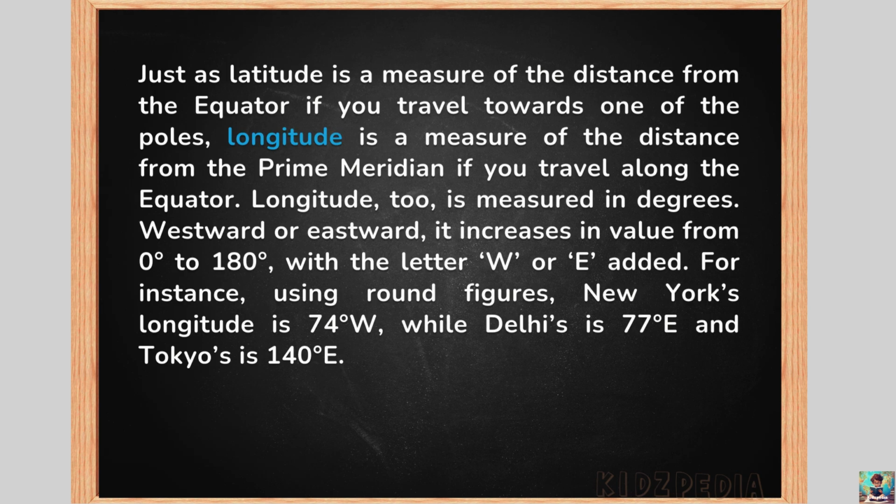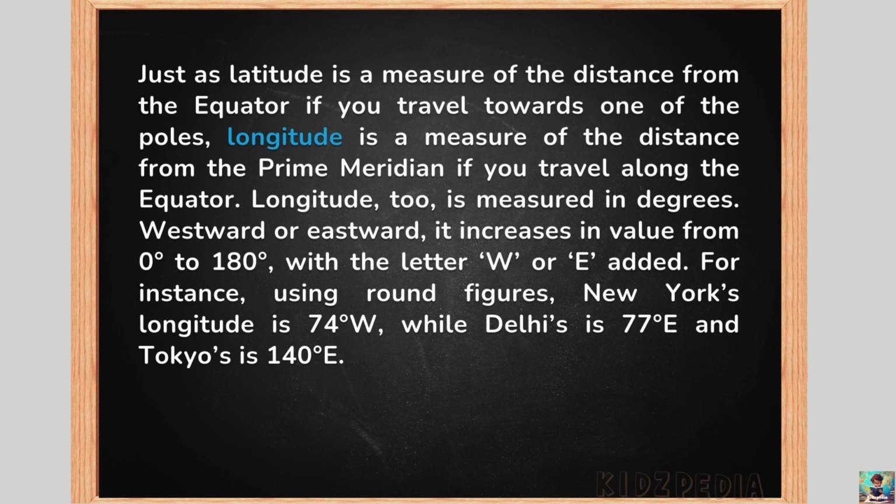Just as latitude is a measure of the distance from the equator, if you travel towards one of the poles, longitude is a measure of the distance from the prime meridian if you travel along the equator. Longitude too is measured in degrees, westward or eastward. It increases in value from 0 degree to 180 degree with the letter W or E added.